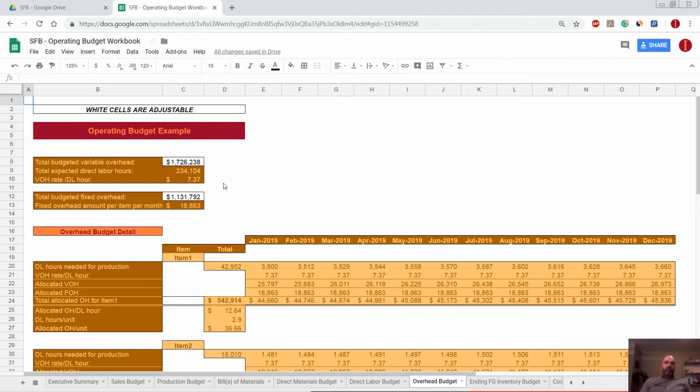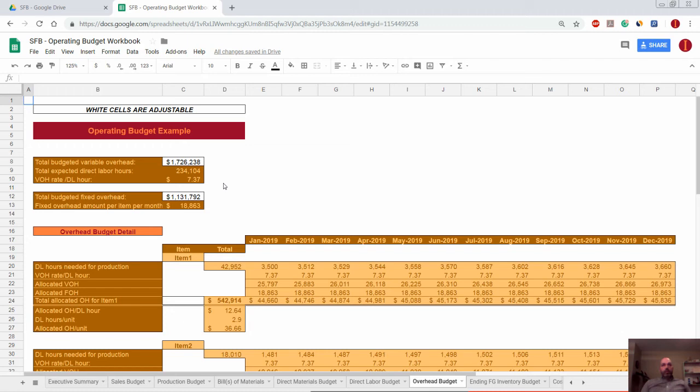The simple definition of fixed overhead is those expenses that aren't direct materials, they aren't direct labor, and they aren't expected to change over the course of the year.